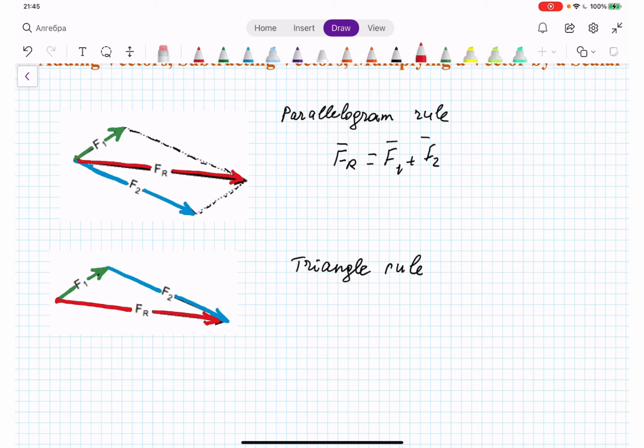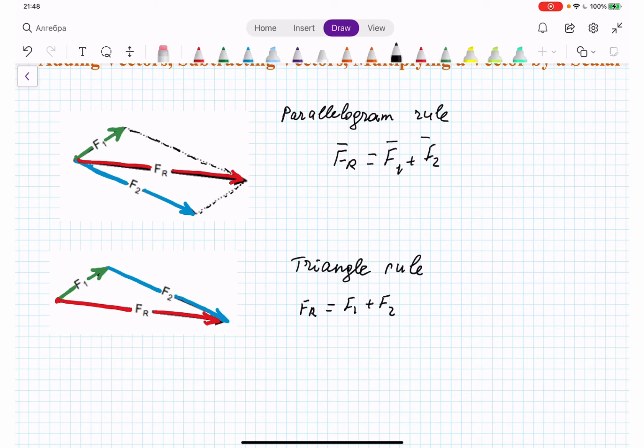Okay, so we get F_R is equal to F1 plus F2. Okay, next. The properties of vector addition.